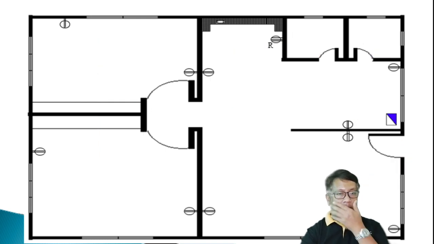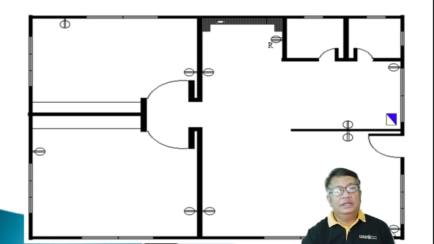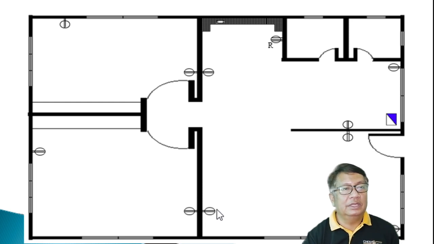Okay, next thing that we are going to do is try to make a layout for the convenience outlets or special outlets. No, so as you can see here, I have several convenience outlets, and this is duplex, and this is the symbol of a duplex convenience outlet.